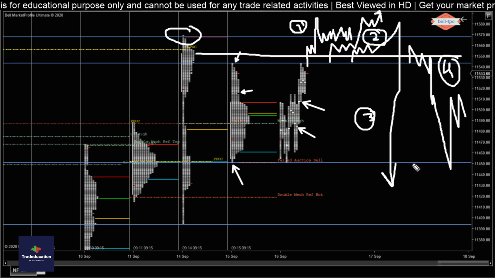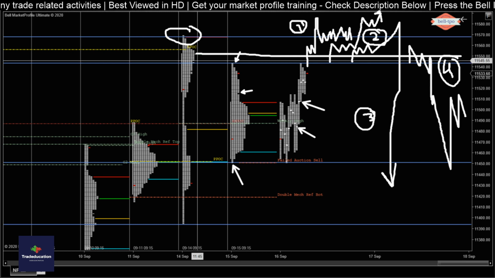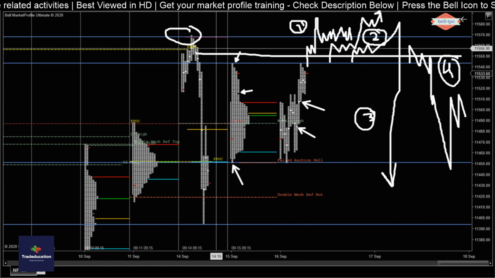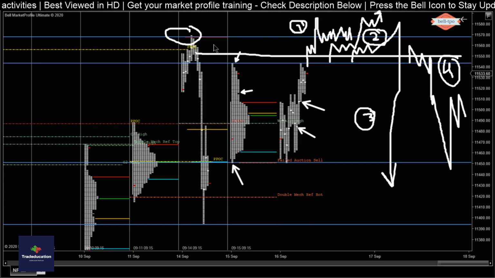So there are multiple auction development paths which I'm currently anticipating, or I would say gauging, based on my understanding or my level of experience with market profile. Second thing is, if you study this particular auction, there is one halfback reference level. So this reference level is still intact.